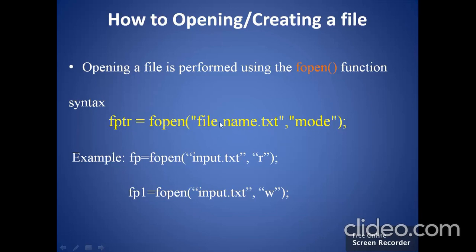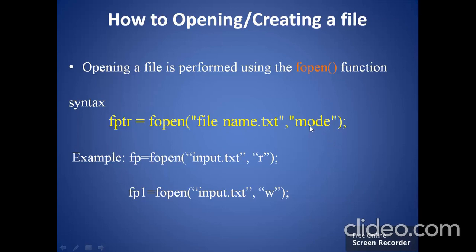In the place of filename.txt, we put the name of the file we have decided to open. Then next we have mode. This mode indicates for what purpose we are opening this file. There are three modes: read mode, write mode, and append mode.